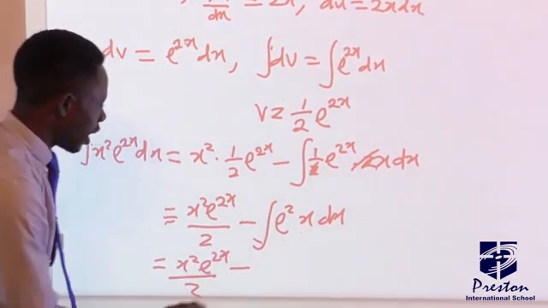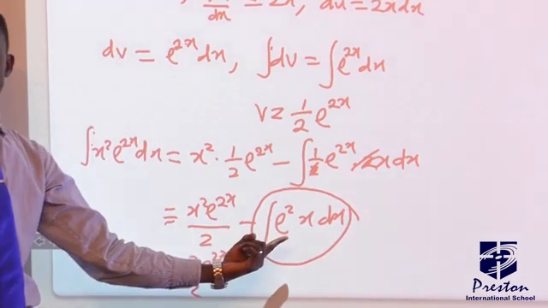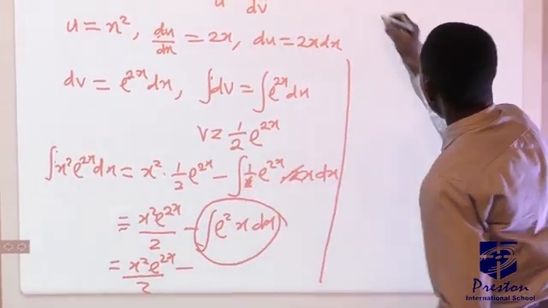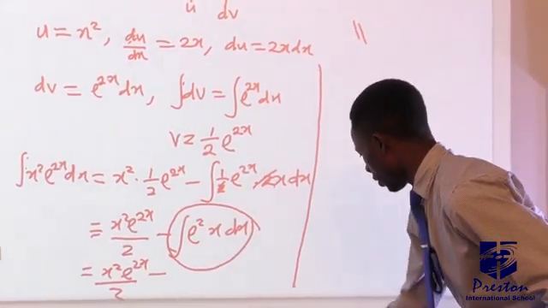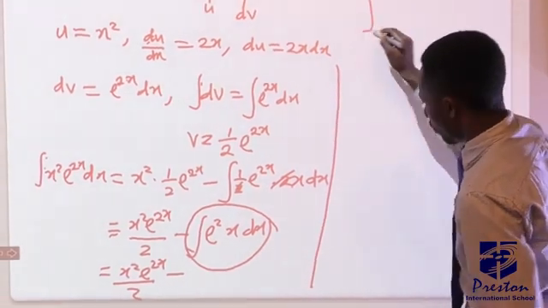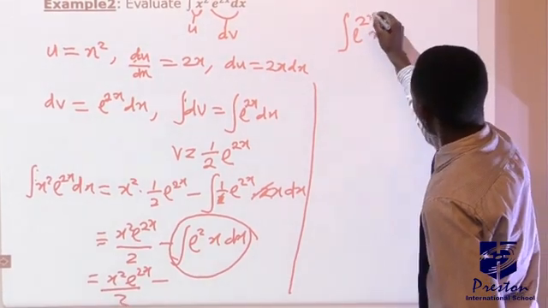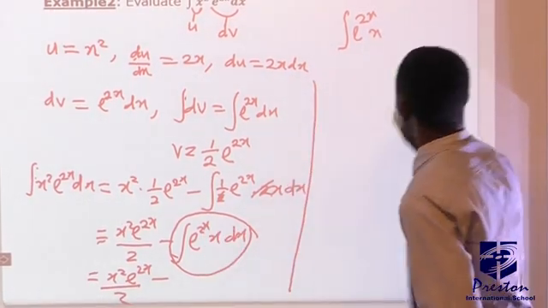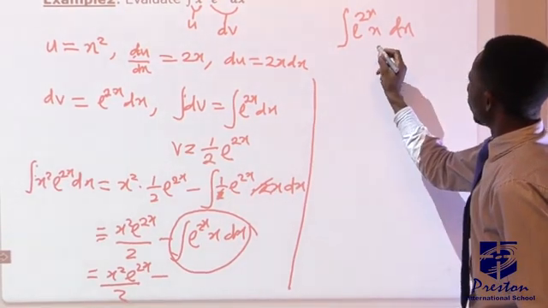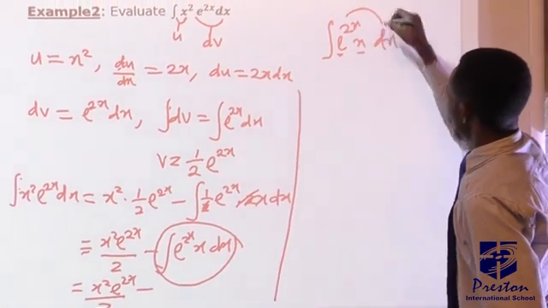So going ahead with x, we need to apply integration by parts again from the beginning. Doing that will take us to another level where we have the integral of x e to the 2x dx. From here we can say this is our u, and this one with this will be our dv.